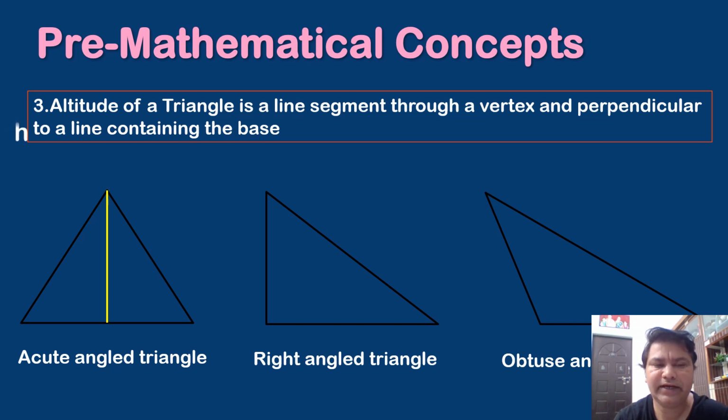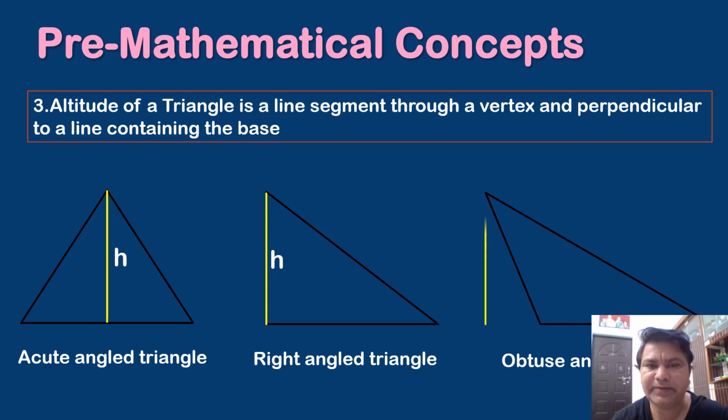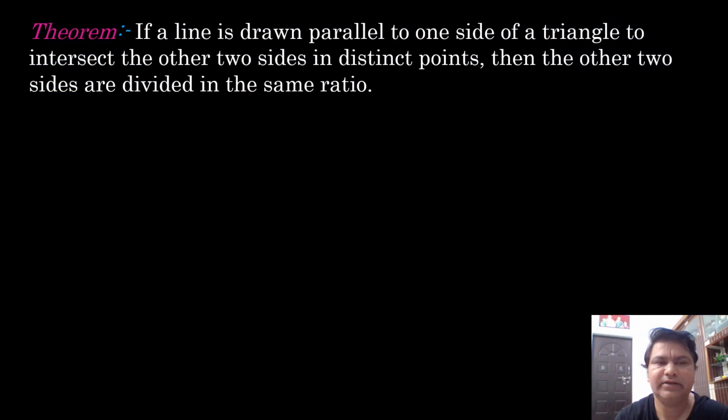For the acute angle triangle, the height is on the interior side of the triangle. For the right angle triangle, the height is on the triangle. For the obtuse angle triangle, the height is on the exterior side. These are the three basic pre-concepts.